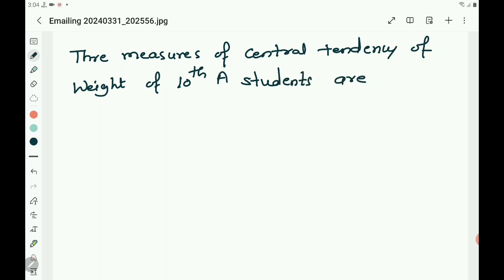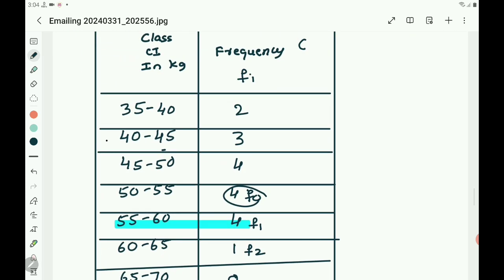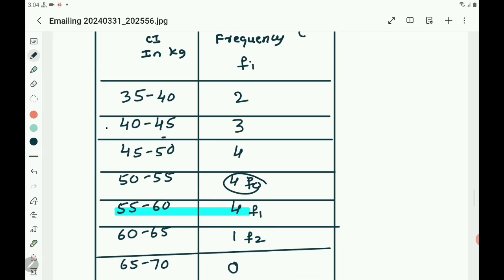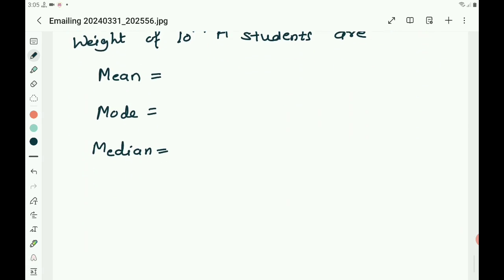First mean, then mode, then median. So what is mean? Mean is 52.5 kg.